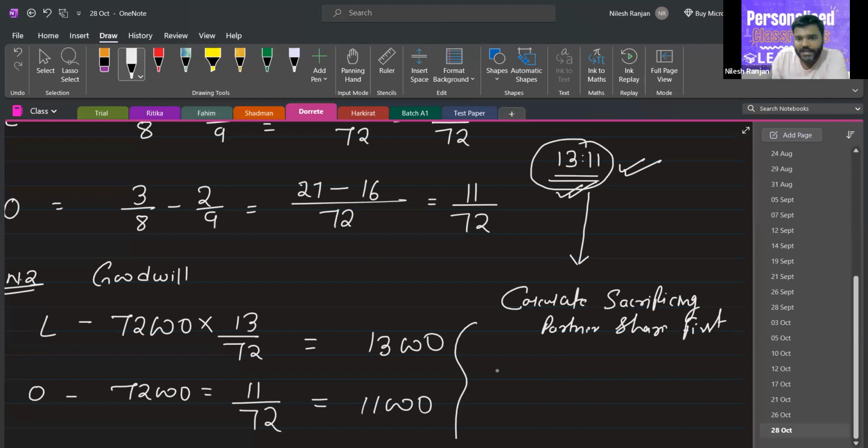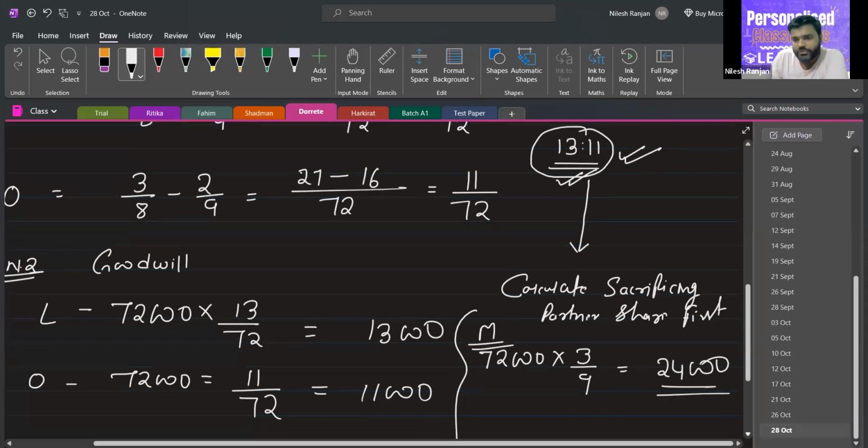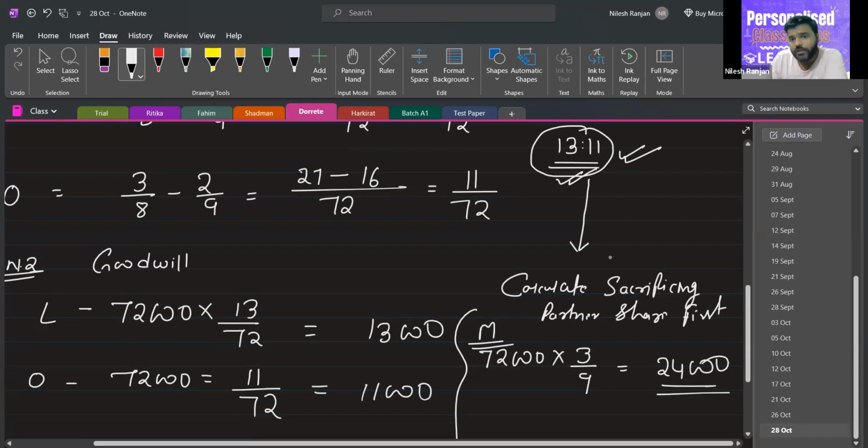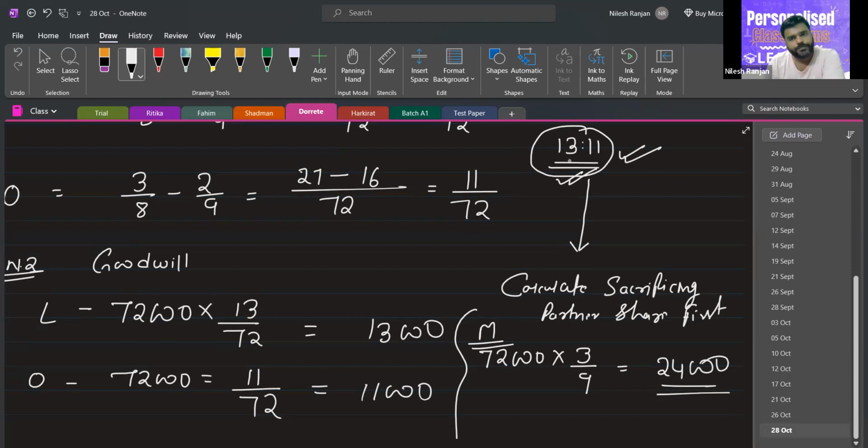So how much is the sacrificing partner's share? 72,000 into 3 by 9. How much did we get? 24,000. Now this 24,000 will be divided in this ratio, so then we'll get L's share and O's share.